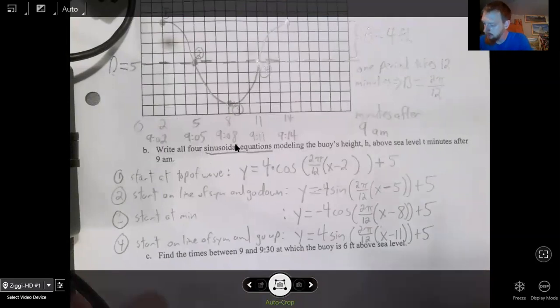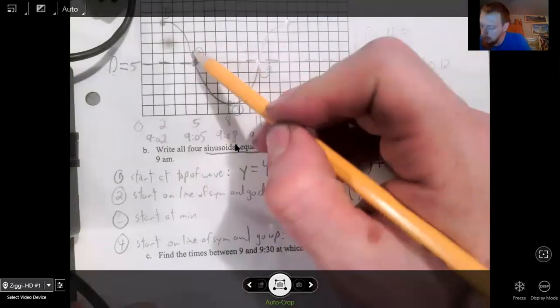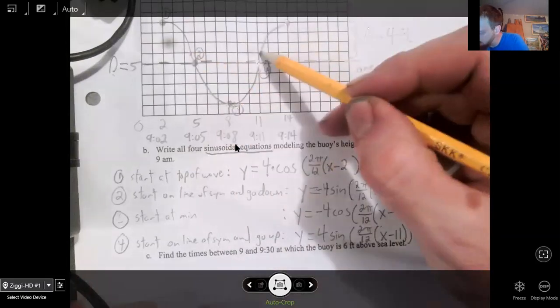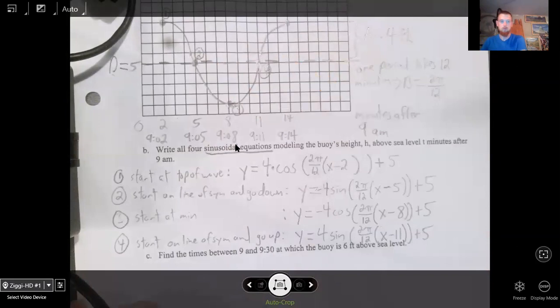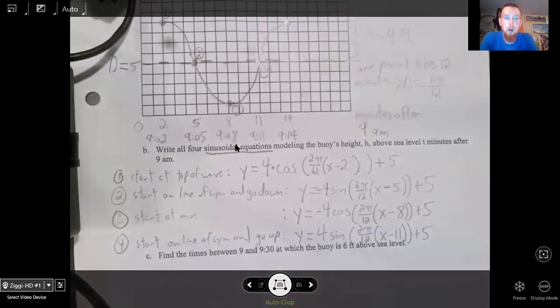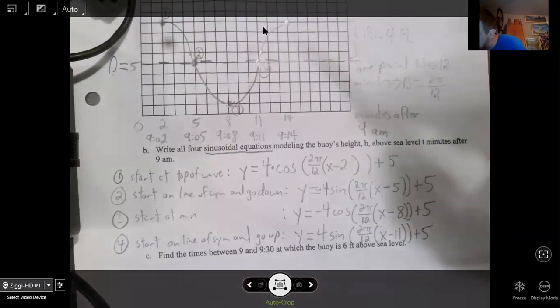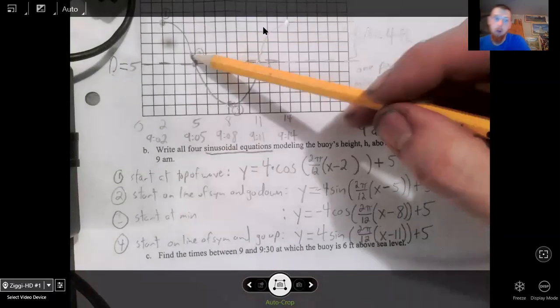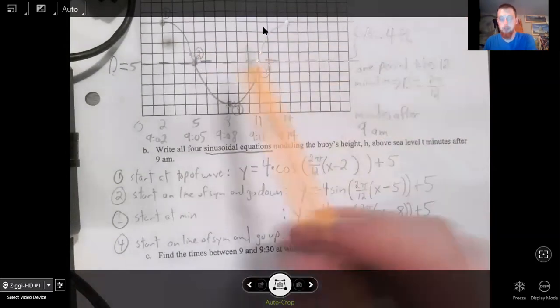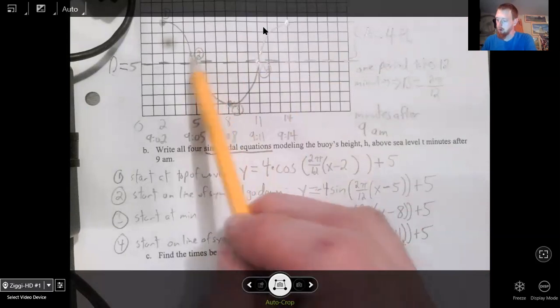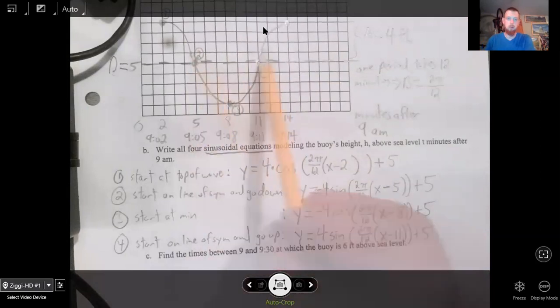So another way of saying that is, at what time does this point occur, and at what time does this point occur? An easy way to do that would be to estimate where that's going to be based on the graph. I didn't draw this with the utmost precision, so we're going to go to the calculator.